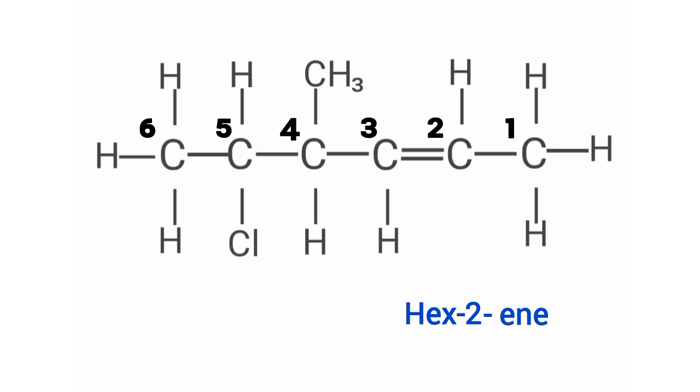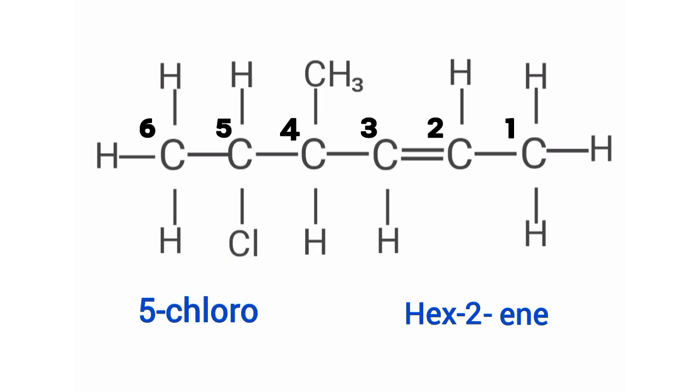Now we identify the substituents and their location. We have a chlorine on carbon 5 and a methyl on carbon 4. Since we have a chlorine on carbon 5, this would be 5-chloro.